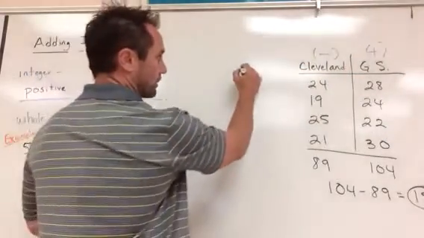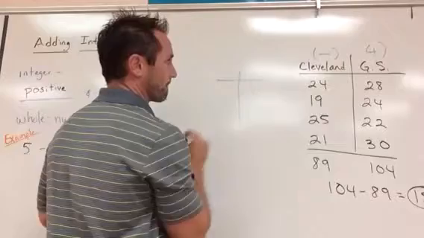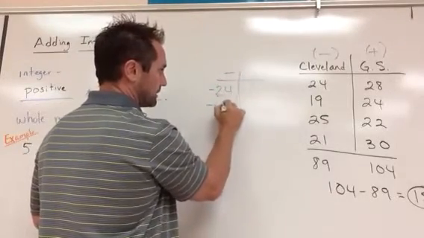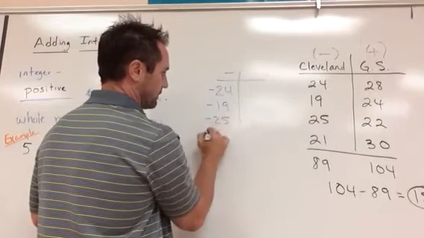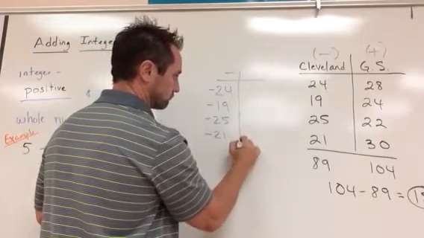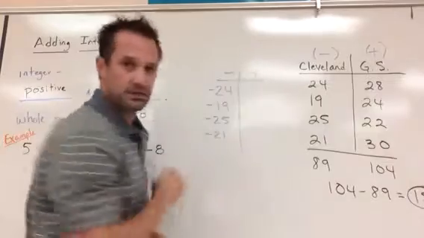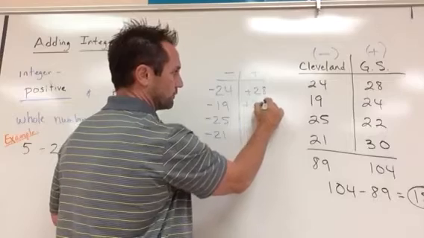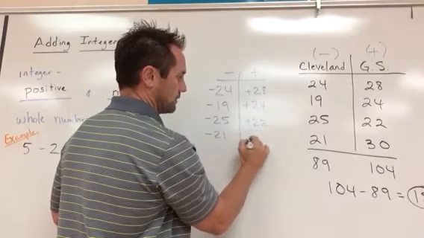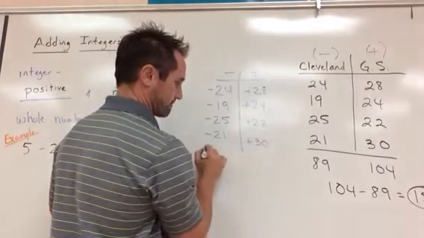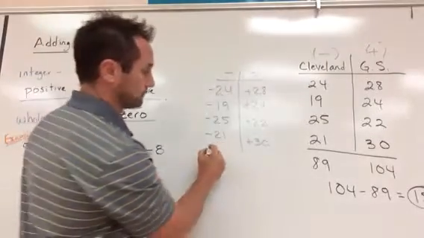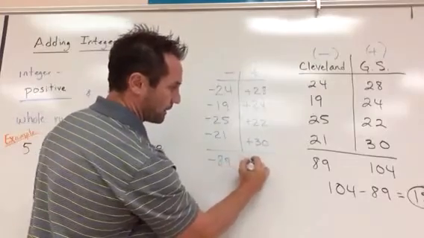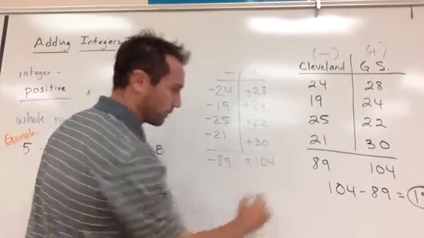So let's look at this chart a little bit differently. Our negative numbers: negative 24, negative 19, negative 25, negative 21. And our positive team: positive 28, positive 24, positive 22, positive 30. When we combine them all, we get a negative 89 and a positive 104.